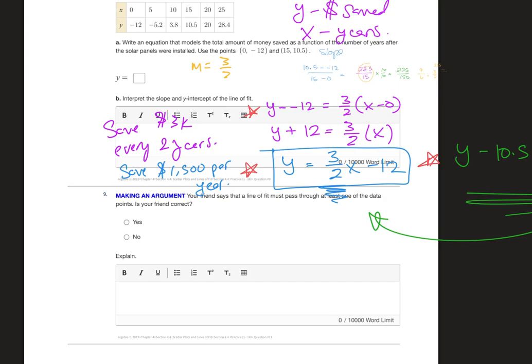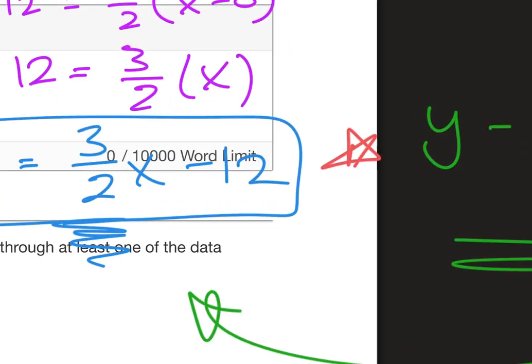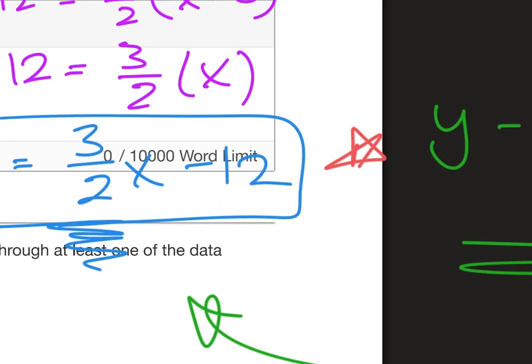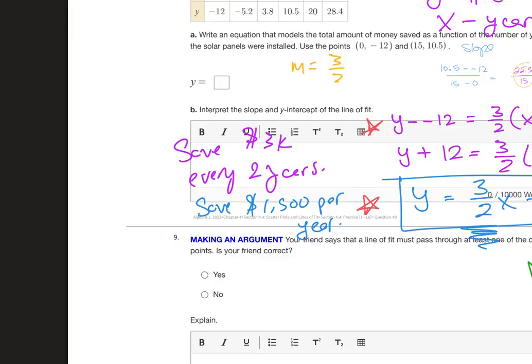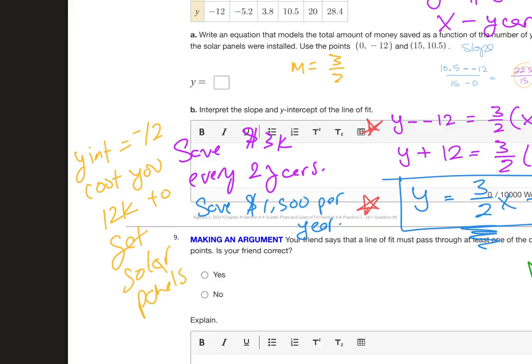And then the y-intercept, technically right here at negative 12, means that it looks like it costs you 12K to get solar panels.